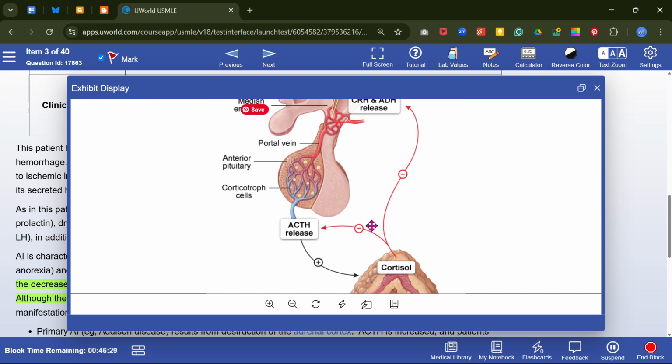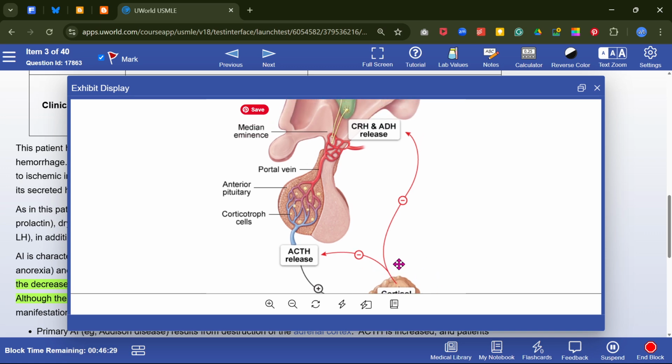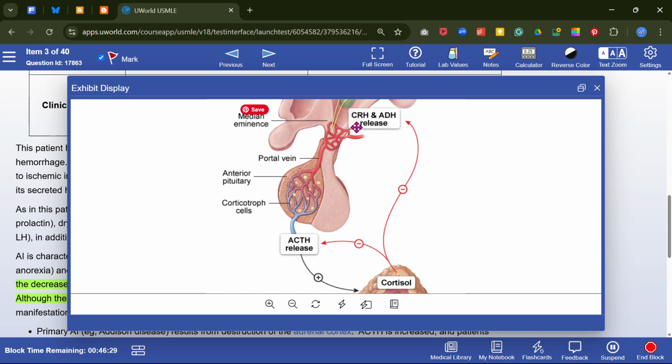If there is low cortisol, then what will happen? There will be high CRH and high ADH release.